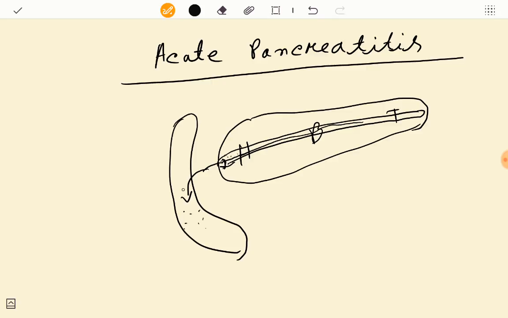When it is released into the duodenum, that inactive enzyme will activate itself in the presence of food particles in the duodenum. But until it is released, the enzyme stays inactive in the duct, and this duct has a very thick layer which protects the pancreas from digesting itself.